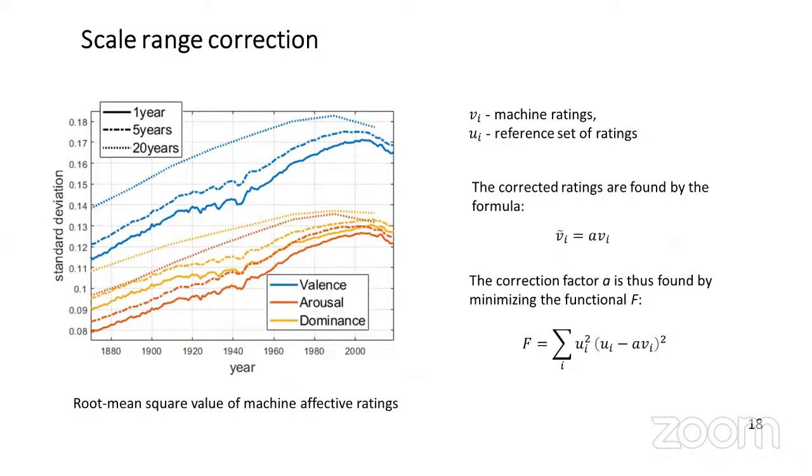And this is the standard deviation of VAD ratings. And also we see the increase with years. Our main hypothesis was the influence of the amount of text for the period. So we use a correlation coefficient for this hypothesis.